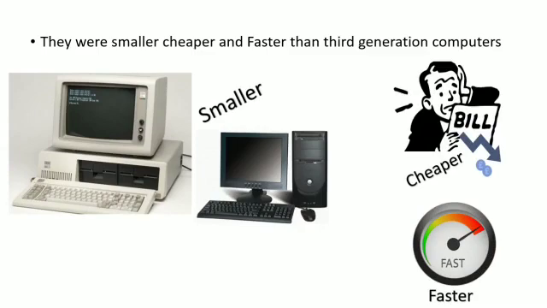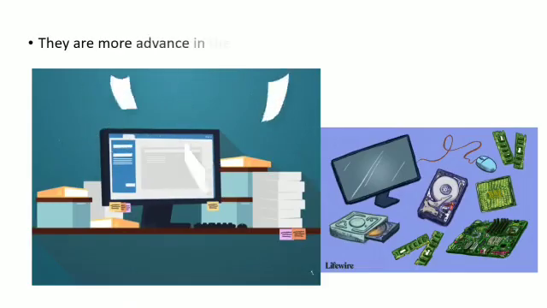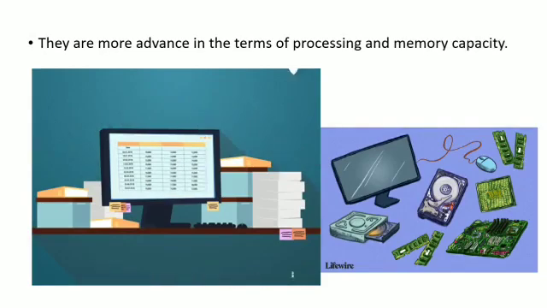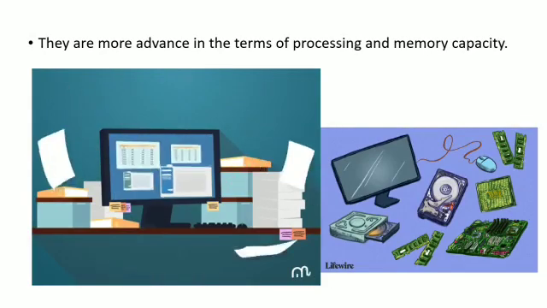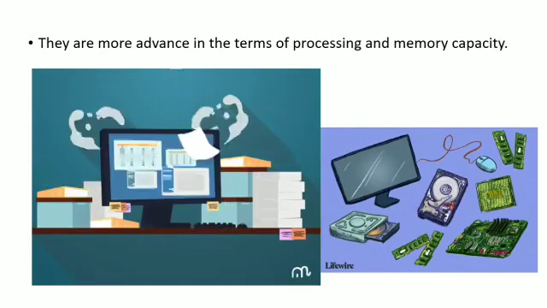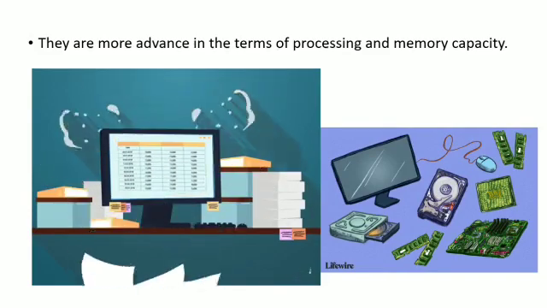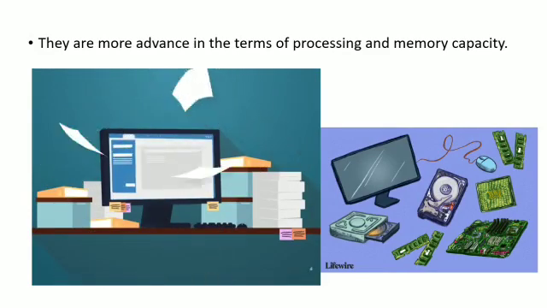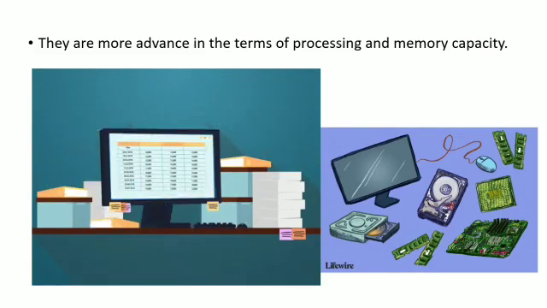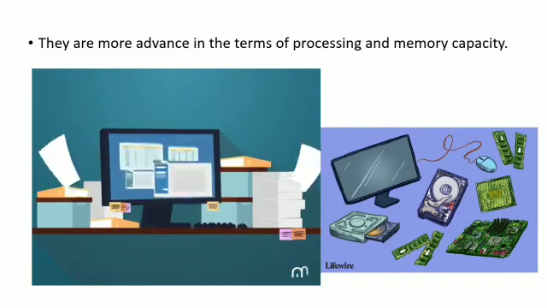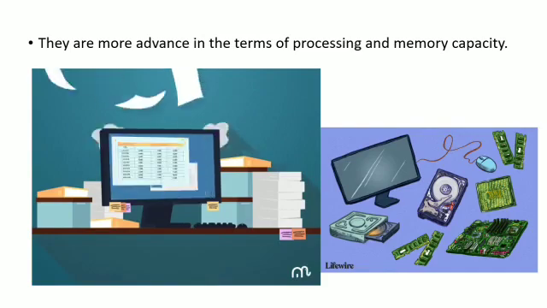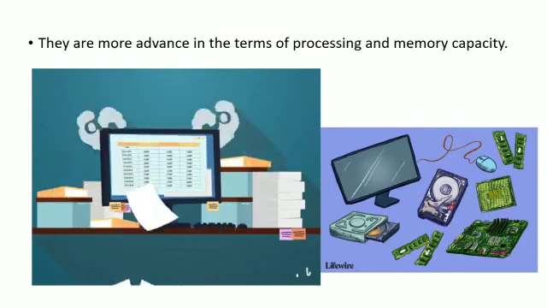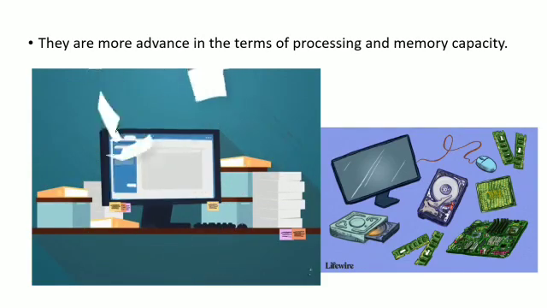They are more advanced in terms of processing and memory capacity. They were advanced because they use multitasking. It means they can do many tasks at the same time, and they have more storage capacity.